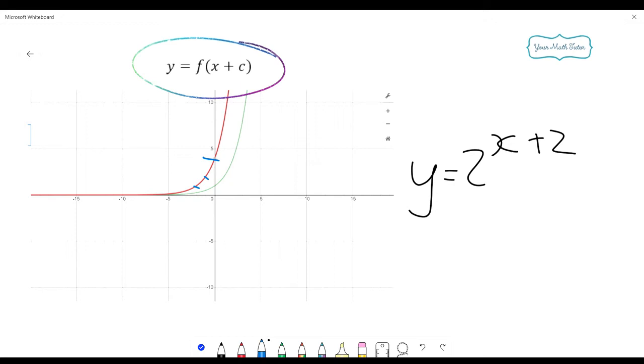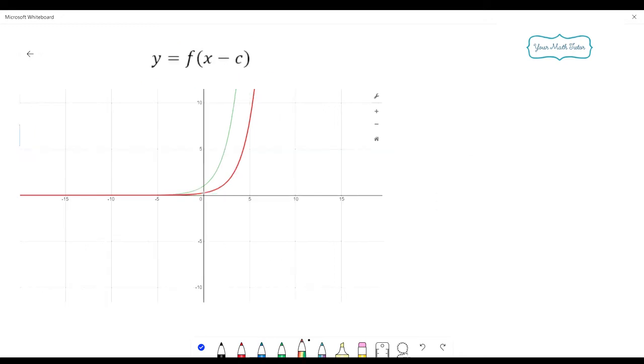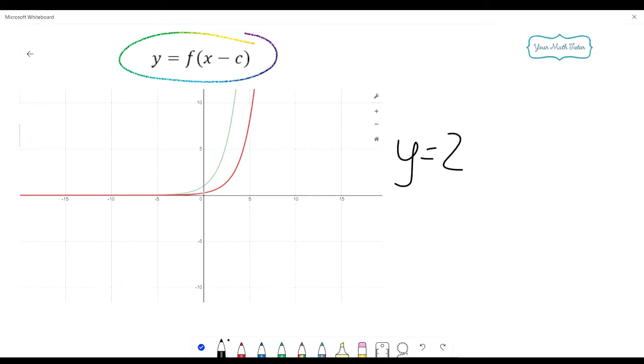Okay, so now when we look at the transformation y equals f of x minus c, it gives us the resulting function y equals 2 to the power of x minus 2. The effect of this transformation is that it moves the graph 2 units to the right.